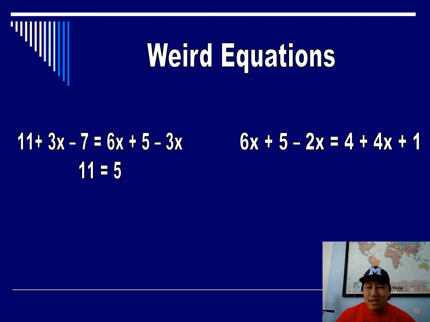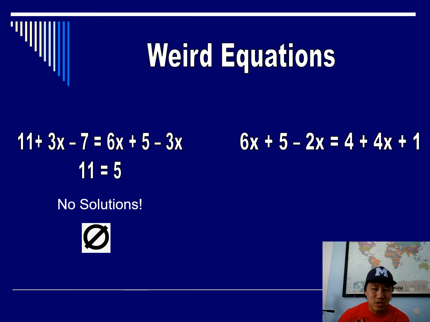Alright, and usually that doesn't happen, but sometimes the x just disappears. And obviously we know that 11 is never equal to 5, so we say that this has no solutions, and the symbol for no solutions is just a 0 with the cross over it.